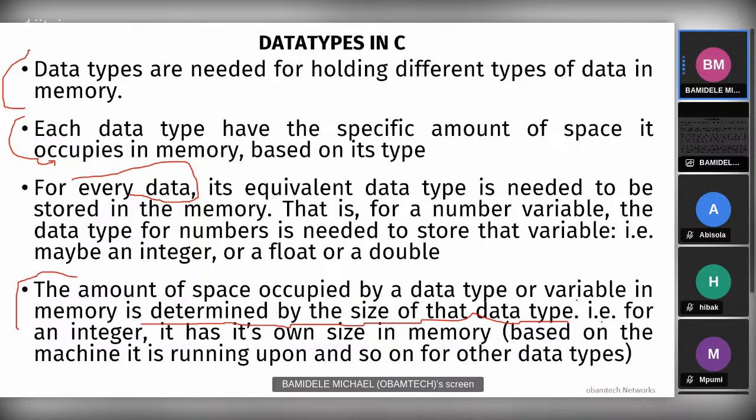And the size of a particular data type is dependent, take this as something that you can hold, the size of a particular data type, or the amount of space a particular data type will occupy in memory, is dependent on the type or the kind of modifier used. We have modifiers in C and we have qualifiers in C. In a minute, you are going to see what we are talking about.